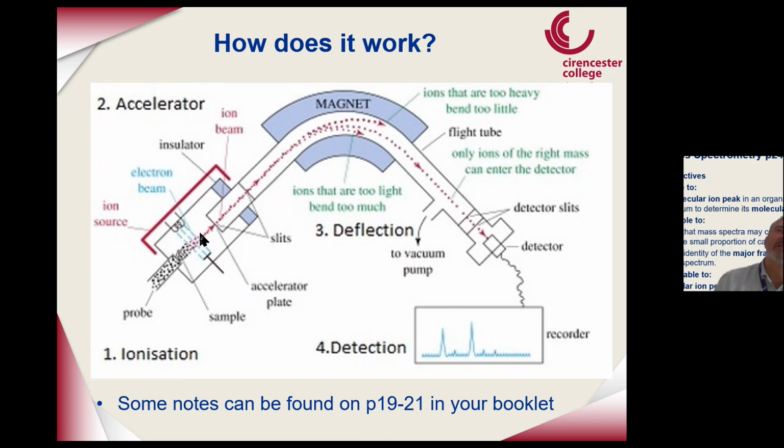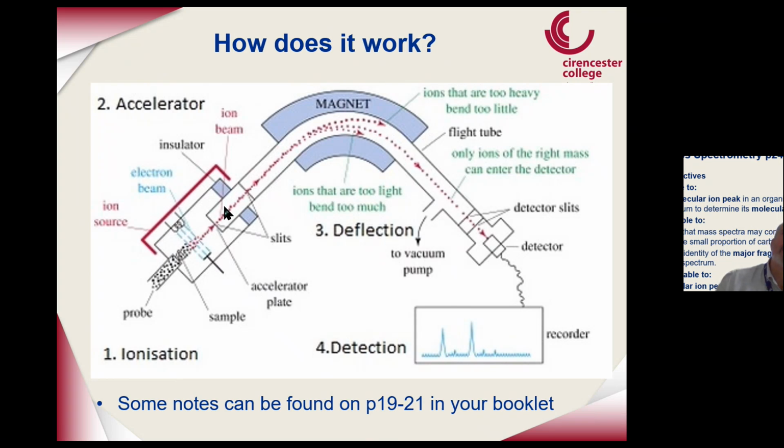But anyway, they are accelerated towards the end here because this end is negative. So we have a high voltage difference between this side and this side, negative this side, so the positive ions smash through here.